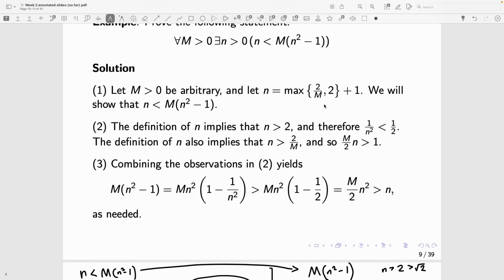But the thing in the slide said that, or it used 2 instead of the square root of 2. Those are both correct. The inequalities involved still work when we have either of those values.